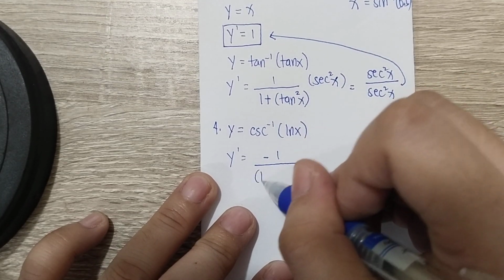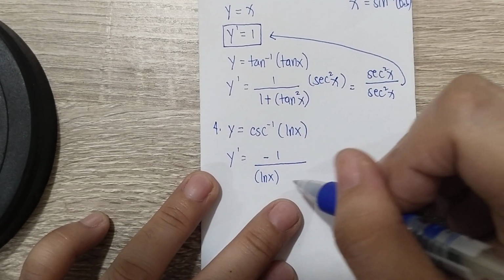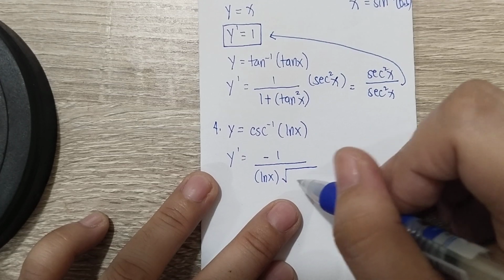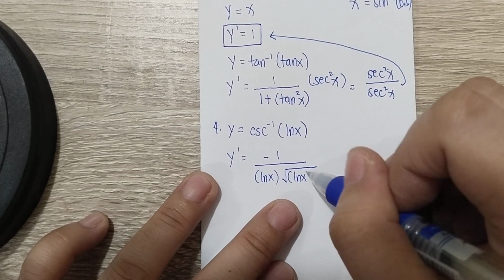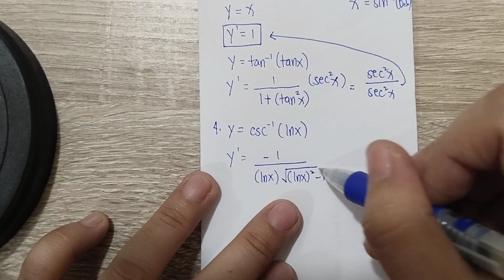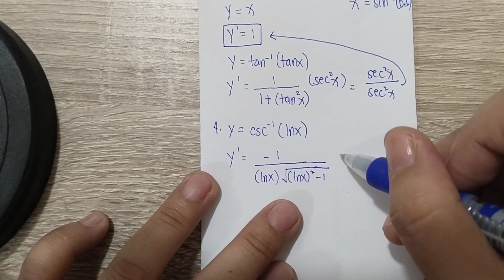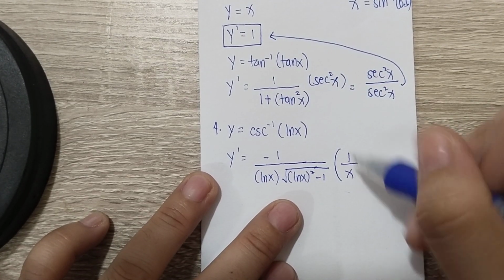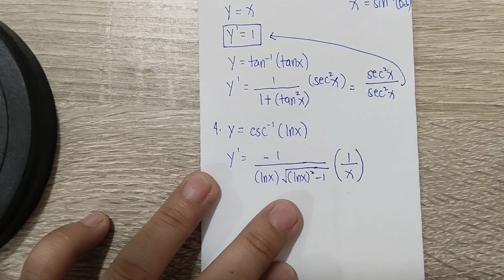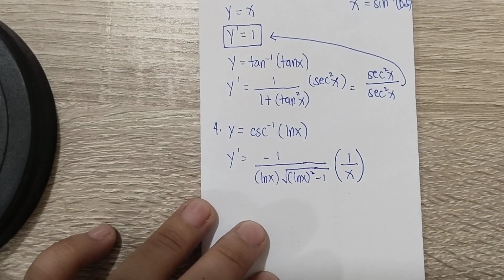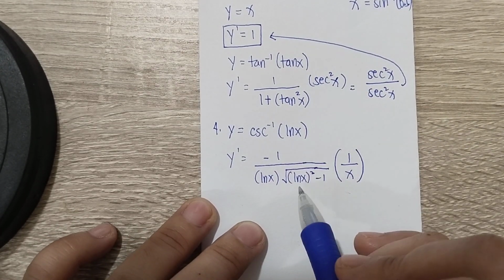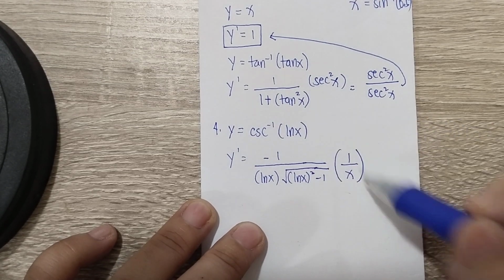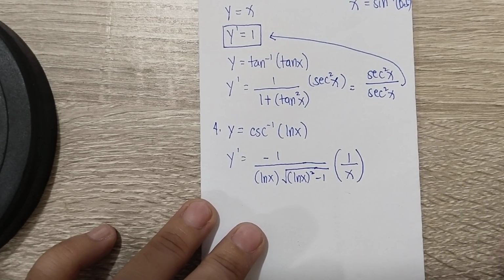Ang u natin ay ln of x multiplied to square root of u squared minus 1. Ang u natin again, ln x na naka-squared daw, minus 1. Then, don't forget, the derivative of ln x is 1 over x. Derivative of x is 1. So, 1 over x na yan.